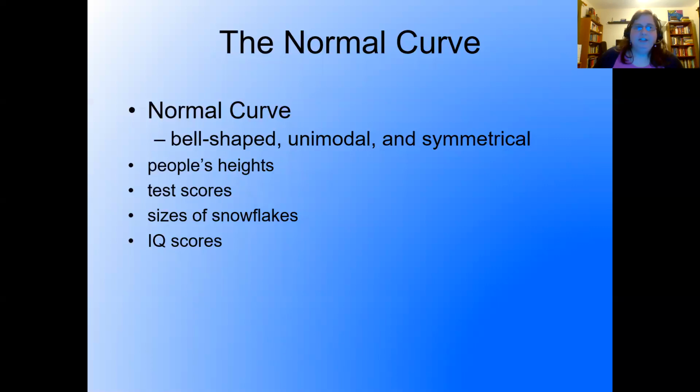Sizes of snowflakes follow a normal curve, and IQ scores tend to follow a normal curve. So all these different things that happen naturally in society happen to follow this normal curve distribution, and many, many others, as we'll continue to talk about in the course.